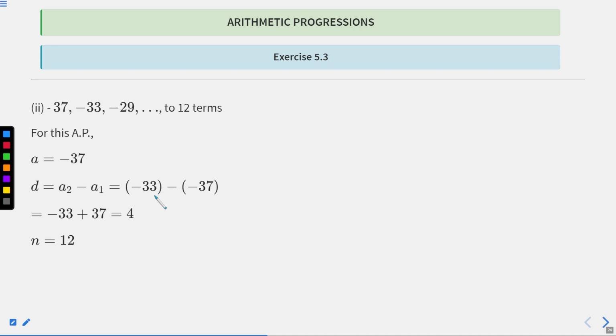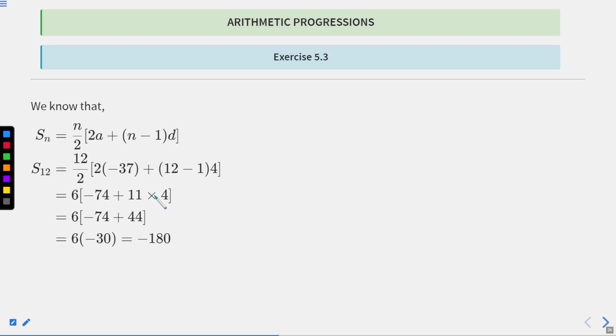We know that Sn is equal to n by 2 times 2a plus n minus 1 times common difference. Now if we put the values of a, n and d, then we get S12 equal to 12 by 2 times 2 times minus 37 plus 12 minus 1 times 4.